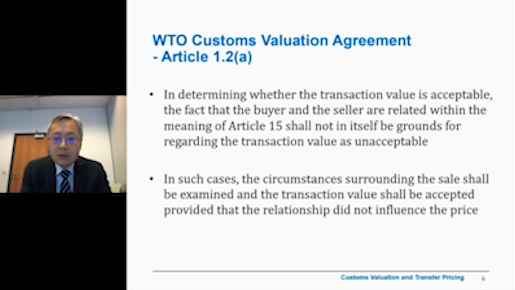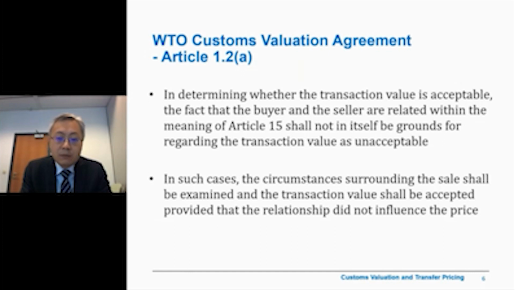For example, Article 1.2. In determining whether the transaction value is acceptable, the fact that the buyer and the seller are related within the meaning of Article 15 shall not in itself be grounds for regarding the transaction value as unacceptable.